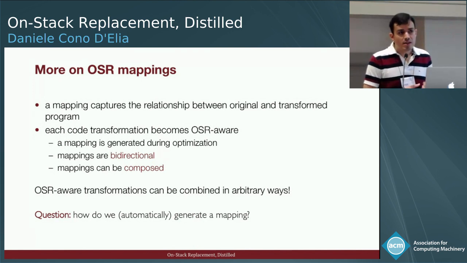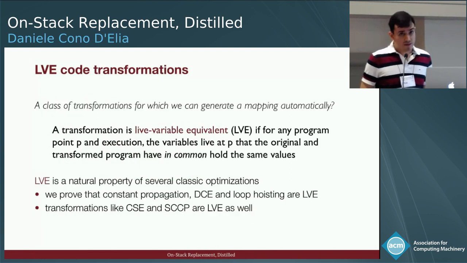Of course, you can write manually some OSR mappings for certain classes of transformations, but we tried to see whether it's possible to generate mappings automatically. And we identify a class of code transformations for which you can do this, and we call these transformations live variable equivalent.